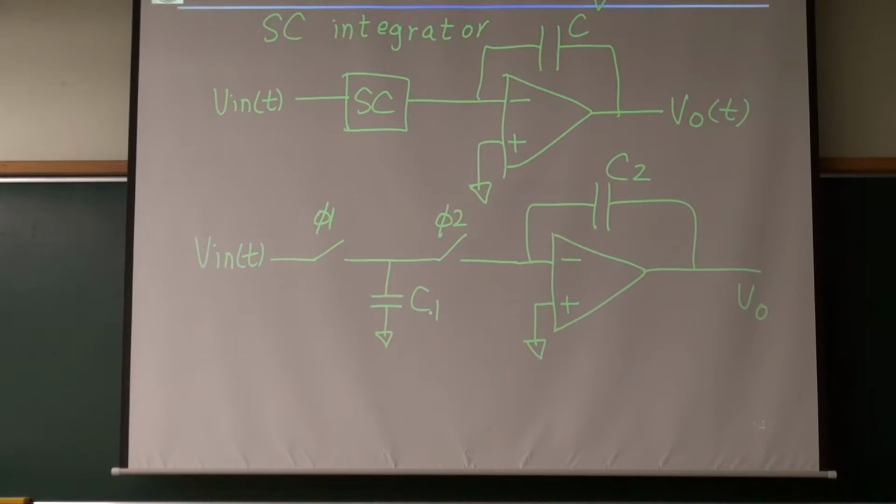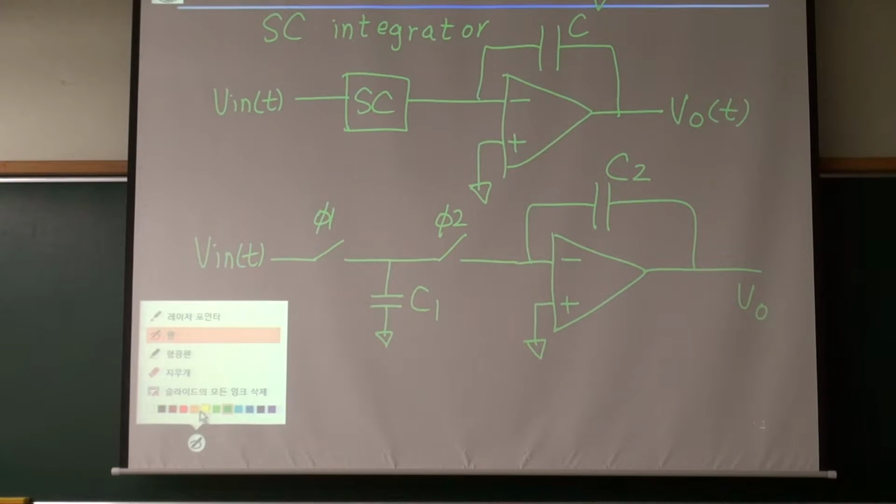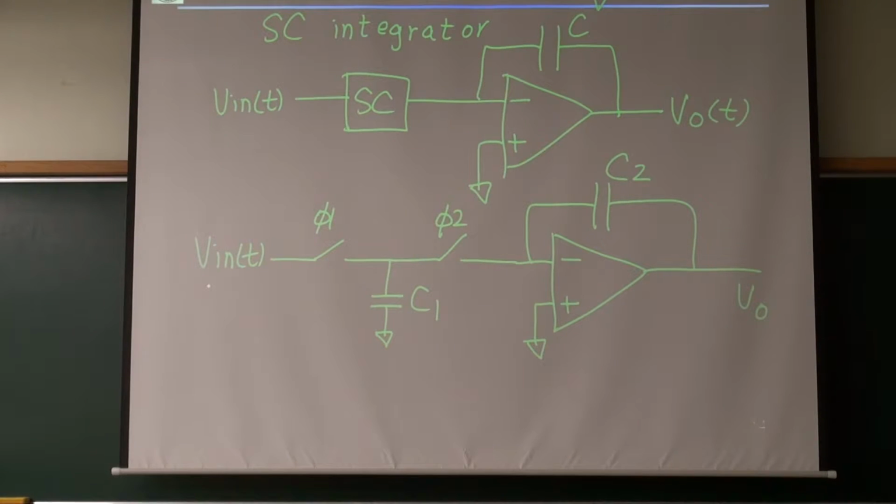So C1 is my switched capacitor. Okay. For simplicity, we just assume this V in T is DC. Yeah, this is 1.65 volt, right? This reference point. So, for example, this is 1.75 volt DC.